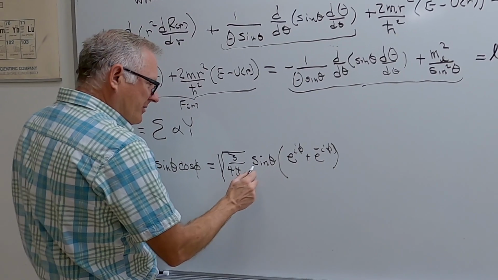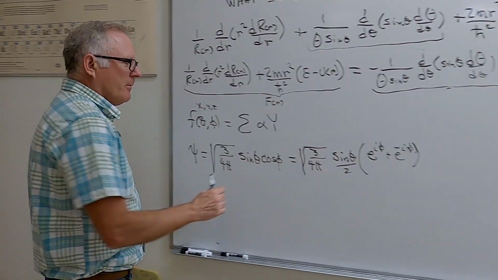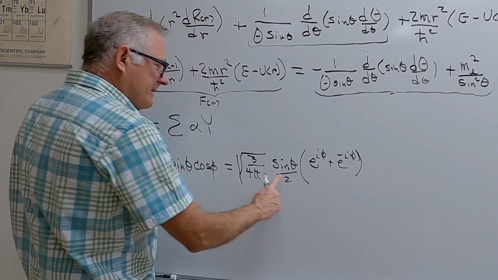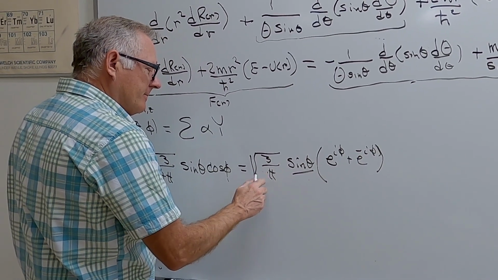I guess I can put the 2 anywhere. Actually, let me put the 2 inside of the square root, and then it would be 16 because I'd have to square it to put it in there.